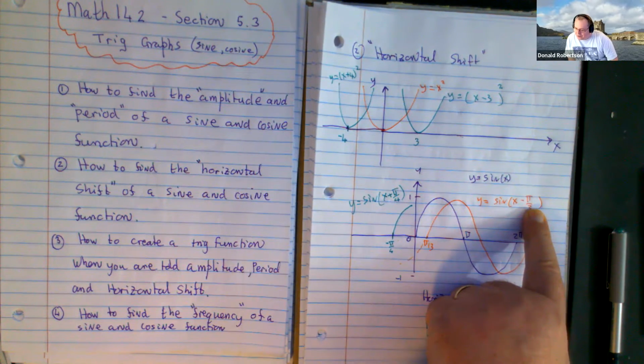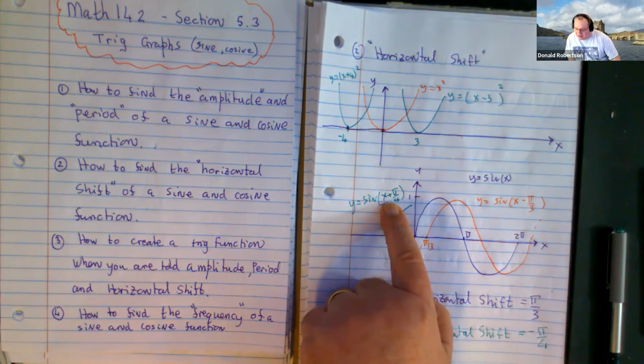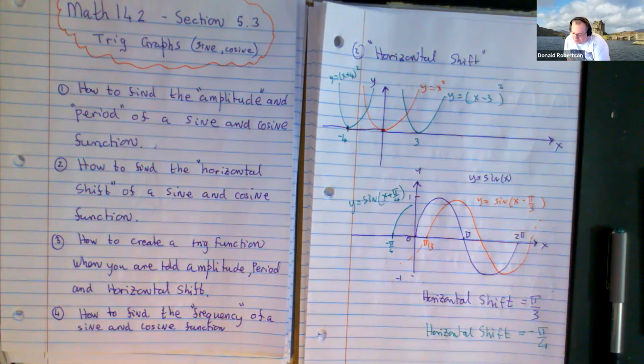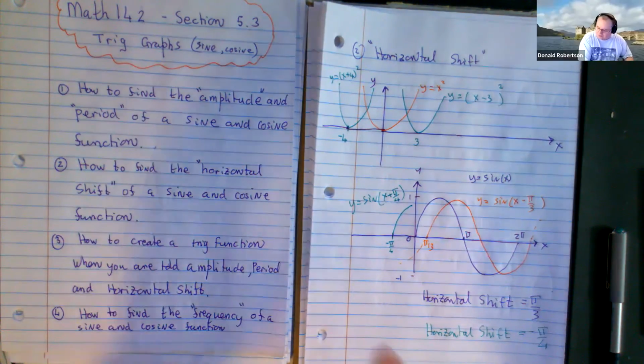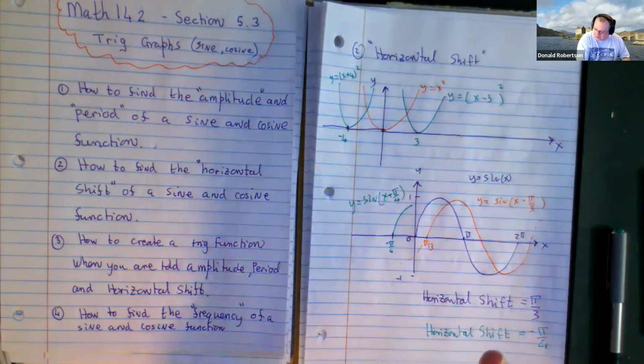But in the formula, isn't shifting to the right x minus and shifting to the left x plus? Isn't that kind of back to front and upside down again? But are we comfortable about how it works? So a horizontal shift is how much you shift the shape to the right, that's positive, or you go left, which is a negative horizontal shift. That makes sense, doesn't it?